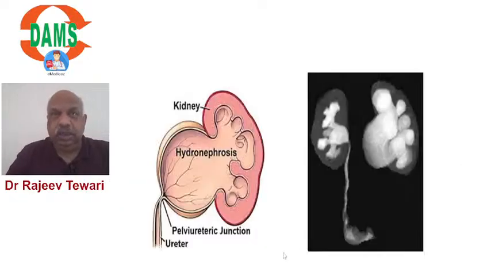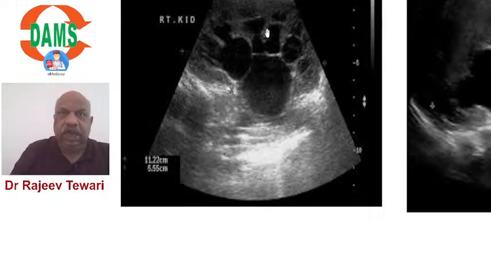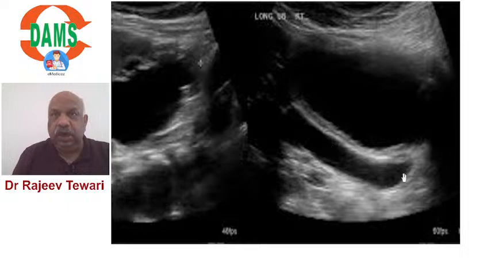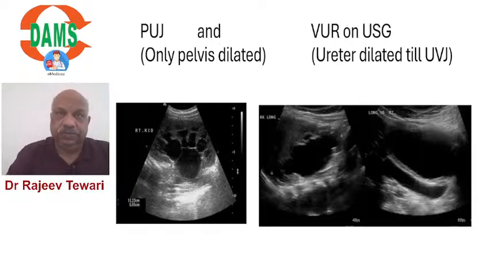So, this is a PUJ obstruction here. In VUR, the whole ureter will be visualized, which is why it's not VUR. This is the clubbing on ultrasound, minor calyx clubbing in the pelvis and no ureter. While here with VUR, I can see the ureter also dilated. So, second is VUR, while my first is PUJ obstruction.